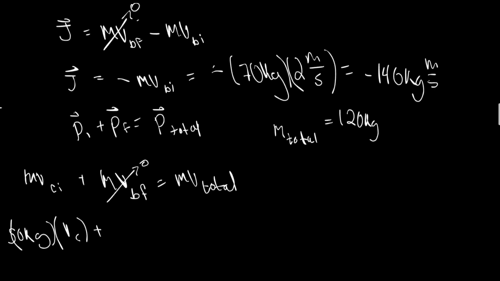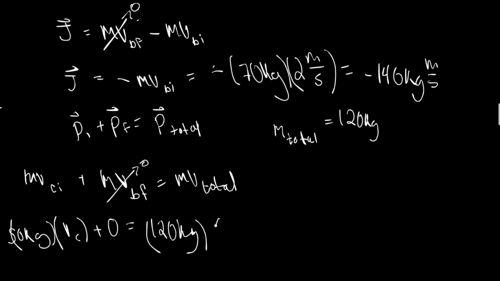So regardless of the mass, it's just zero. It's going to be equal to the total, and we calculated the total mass, which was 120 kilograms. And again, the car is still going to continue to go at 2 meters per second.